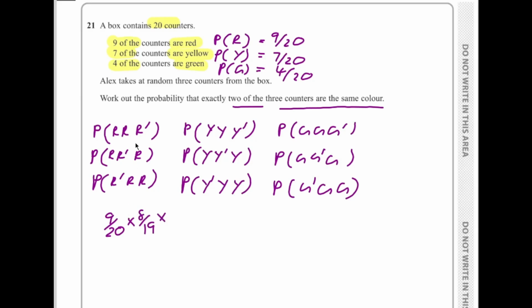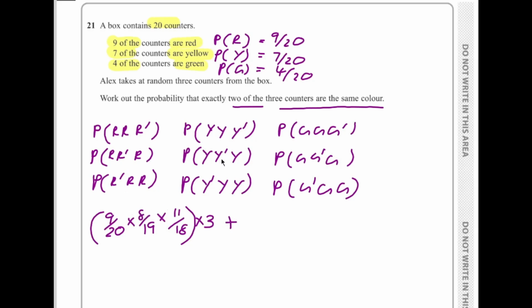Then not red: there would be 11, because 7 plus 4 is 11, so 11 over 18. And since I'm getting 3 such sets, I have to multiply this by 3. Right, I'm done with red.